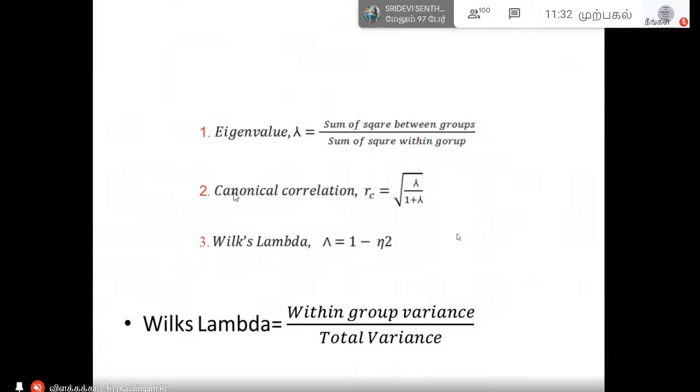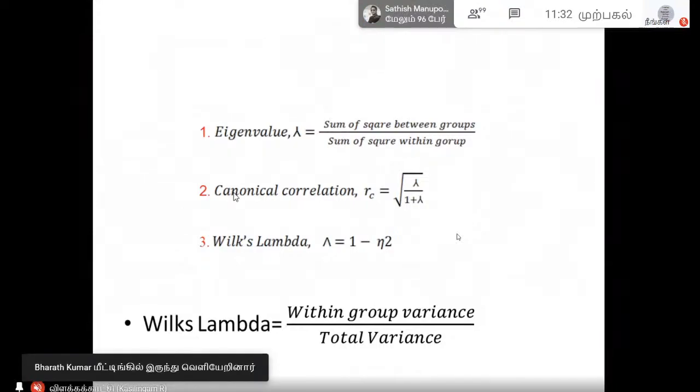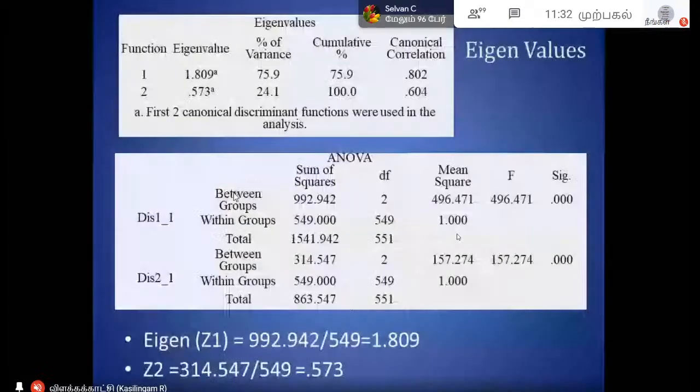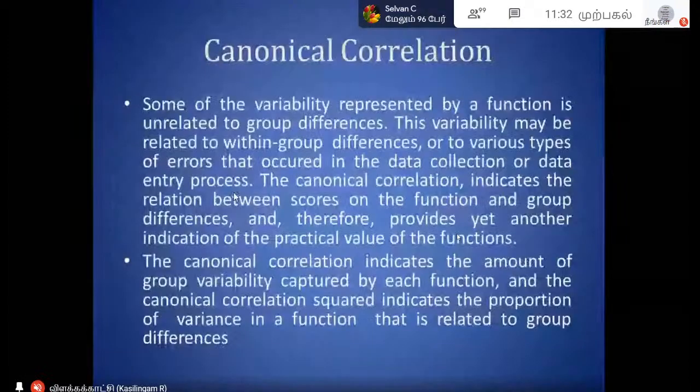Earlier I was searching all these things and had great difficulty understanding eta. Then I understood. In one place they said it is within-group difference divided by total difference. Now look at that, you will use both. This is the Wilks lambda value.